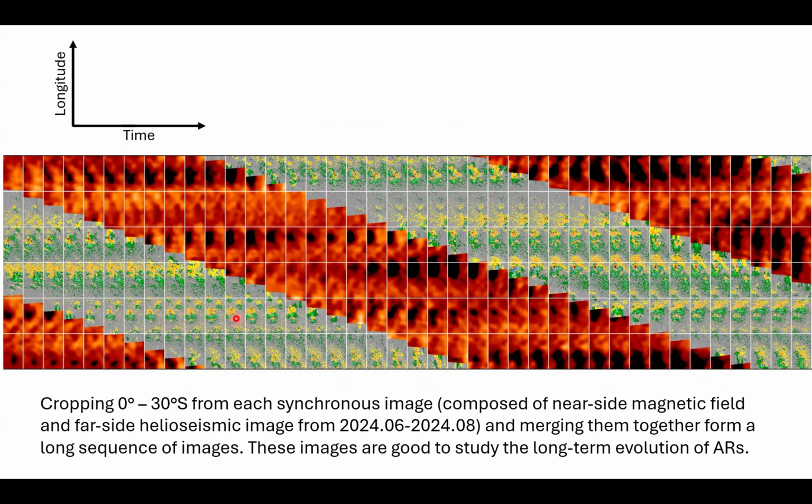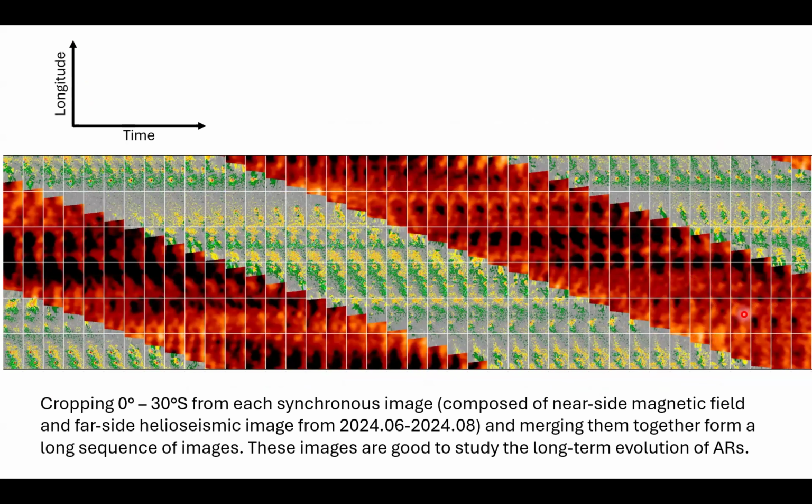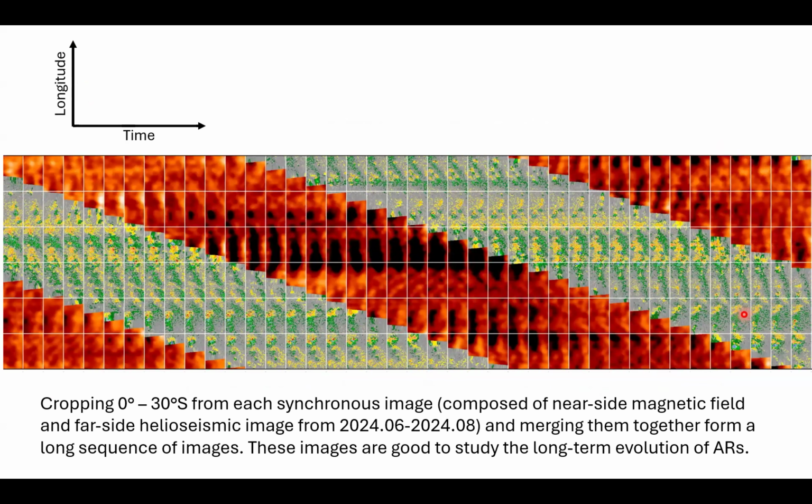If you can follow an active region, it's very good for studying the entire evolution process of specific active regions. If we continue and continue, we have many months, and we can follow the entire lifetime of specific active regions.